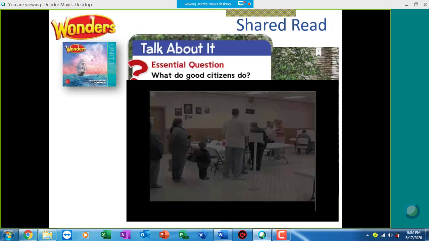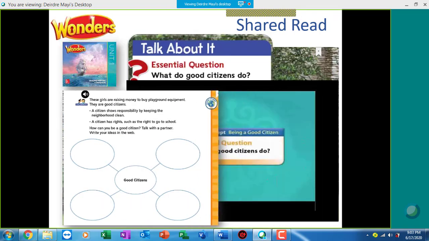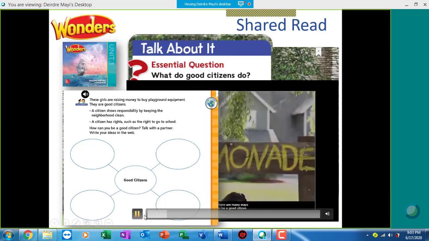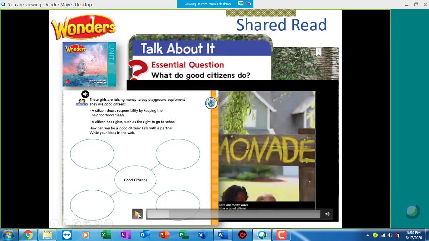All right, so now students will be able to engage in collaborative conversation regarding what good citizens do. Oops, I didn't mean for the video to start again, sorry. So on the page, students are also going to see a graphic organizer. So here's the significance of this graphic organizer.